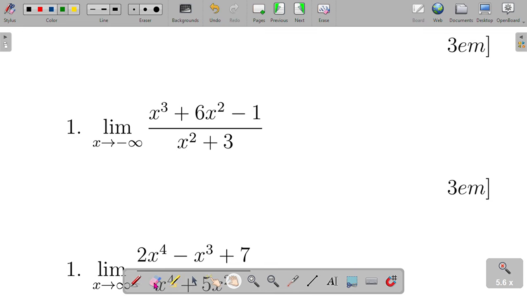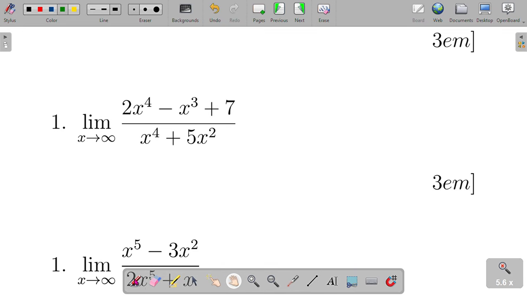Okay? Here, this one. Power 4, the highest powers, of course. We are dealing with the highest powers. 4, so I'm going to say that 2 over 1, which is 2. If you wrote 2 over 1 and you did not write your answer in the simplest form, you lose grades, by the way.